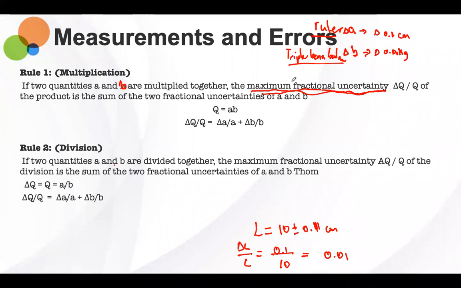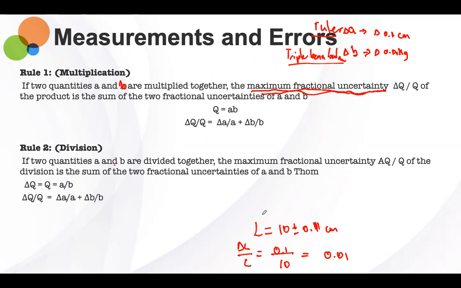Let's just say A is our ruler, the quantity is length. We're using a ruler, and our uncertainty, delta A, is 0.1, while B is our triple beam balance, and we're measuring mass, so you'd have delta B as 0.01. When finding the fractional uncertainty, you have the uncertainty value over the value that you have calculated.